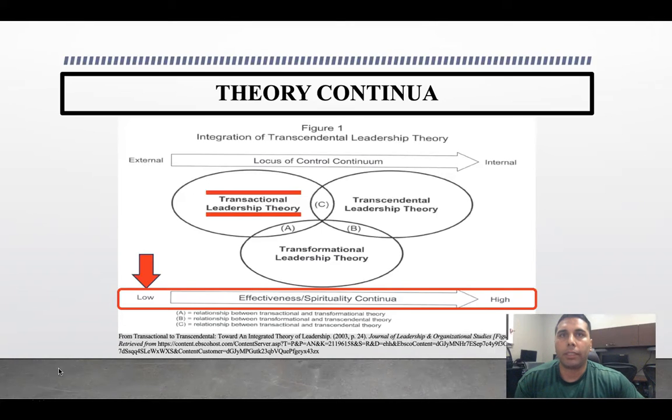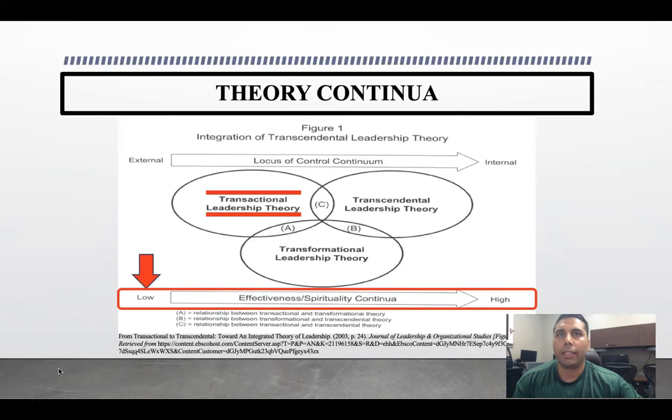Next, looking at the bottom continuums, we notice that they are labeled effectiveness and spirituality continua. These continuums have low at one end and high at the opposite end. From the position of transactional leadership, we notice that it's located on the low side of these particular continuums.